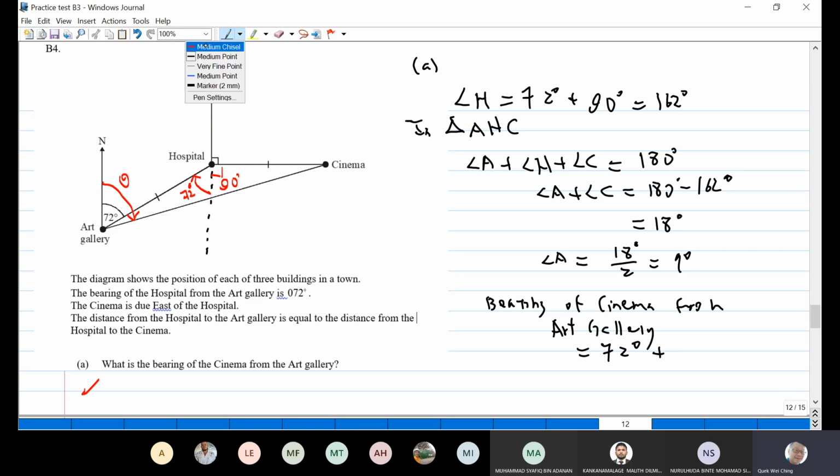This part is 9 degrees. So it's 81 degrees, going from the north through bearing. This is how you answer part A.